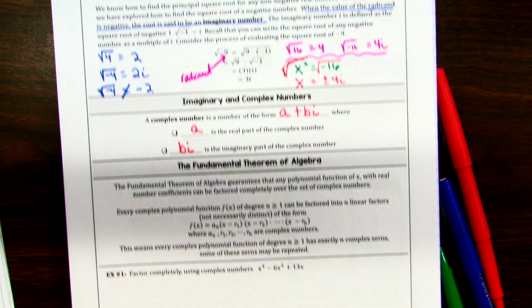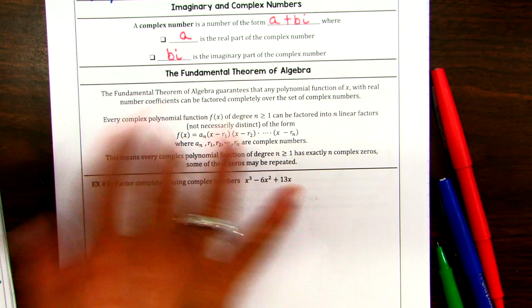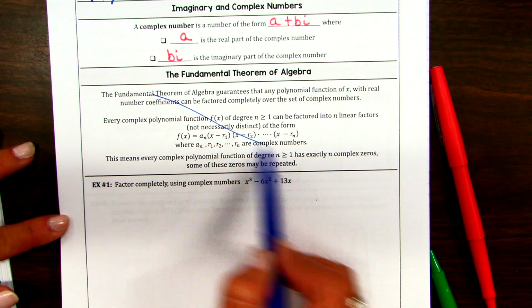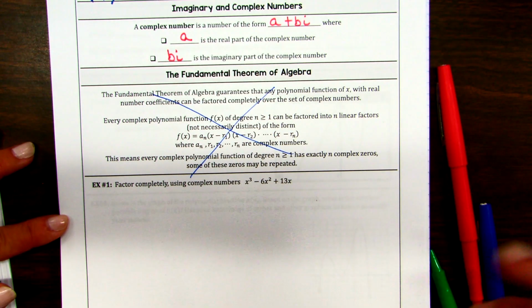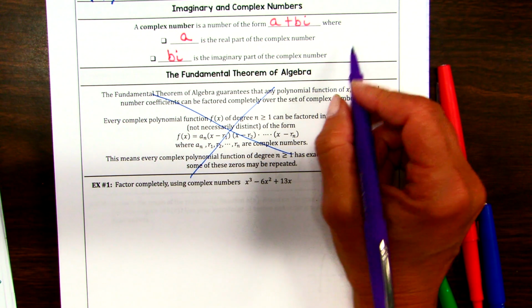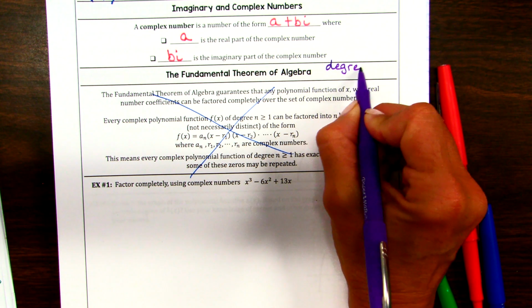Now, there's something called the fundamental theorem of algebra. There's a lot of big words in there, blah, blah, blah. I'm going to narrow it down for you of what you need to know, so don't worry about all of that. But what you need to know, we're just going to squeeze it in over here. Really important, another big concept today. The degree, and we'll break this down in a minute. Let's just write it.